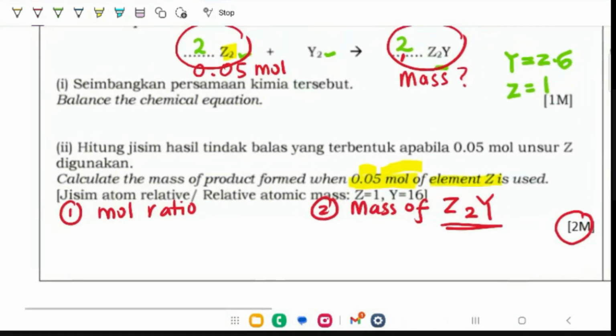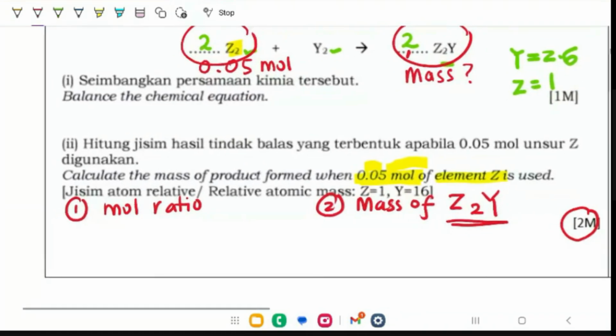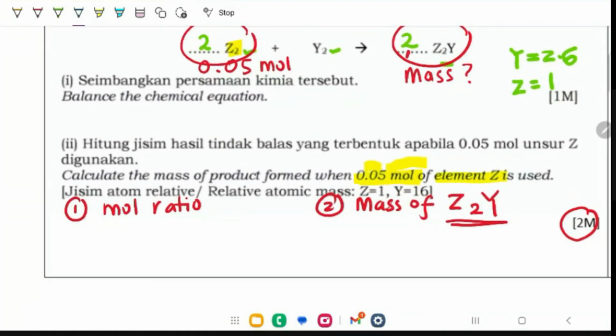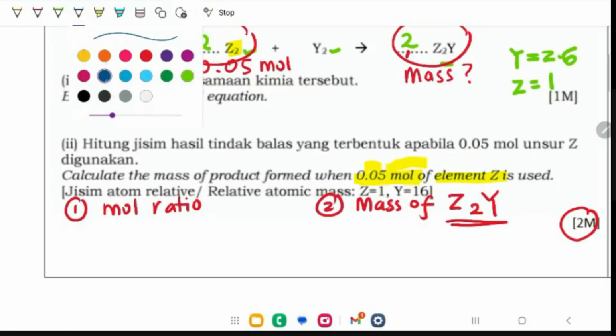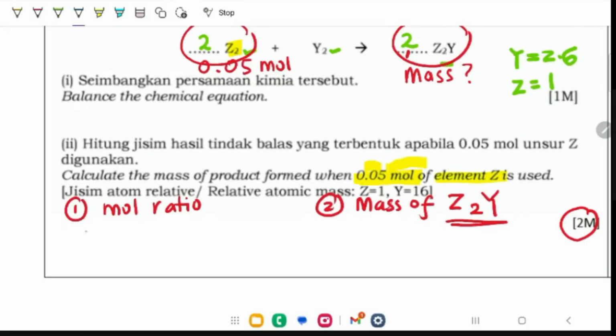Yeah, ready? So mole ratio. Okay. So 2 mole of Z2 produce 2 mole of Z2Y.